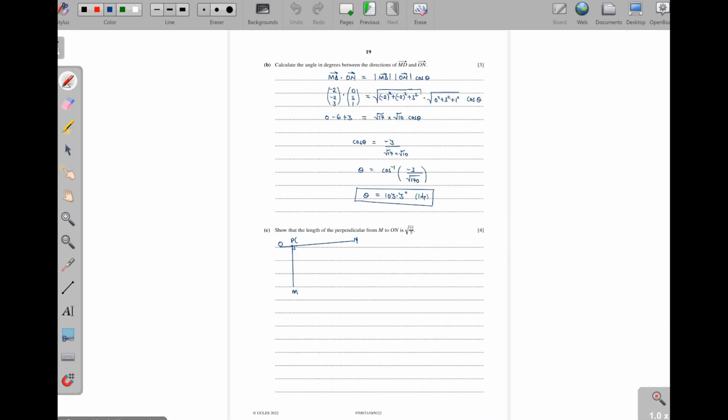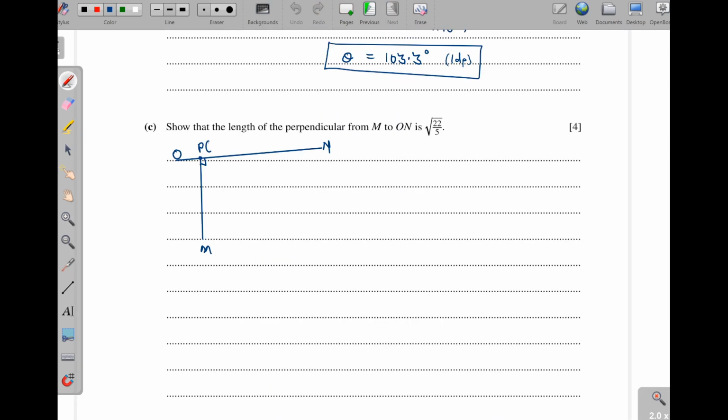All right, so let me do it here for you. OM is going to be equal to OA plus the AM. Now this is 4I, plus a half of AB.